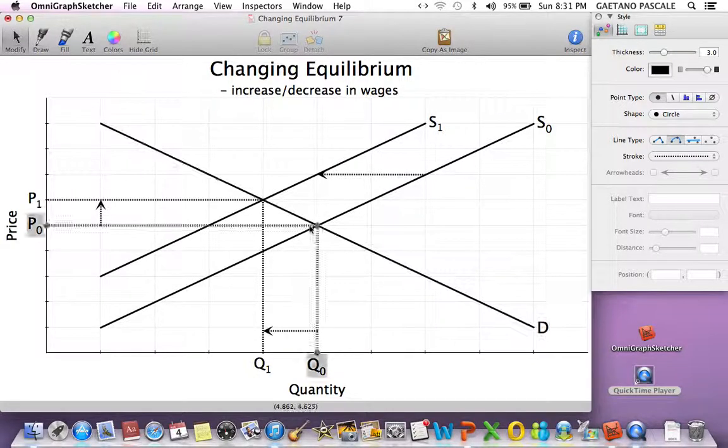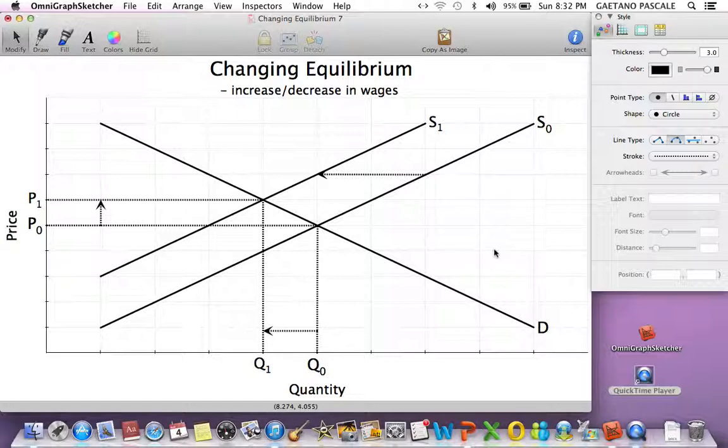So here's our original equilibrium with the original supply and demand curves. The increase in wages causes supply in this industry to shift to the left to this new supply curve, and the new equilibrium occurs here. So we see that the original price is here, the price goes up to here, and the original quantity is here, and now it goes down to this.